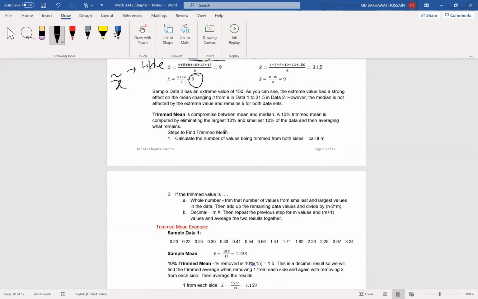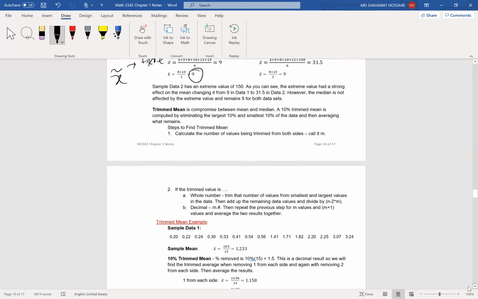If you have 10 observations, then you will remove 1 observation from the left and 1 from the right. Then you calculate the average of the middle values, right? The average of the rest of the numbers.